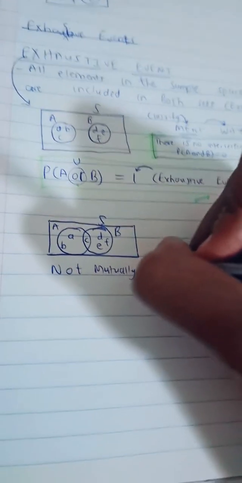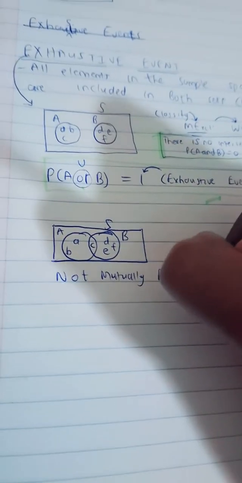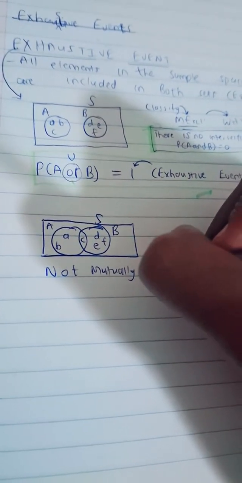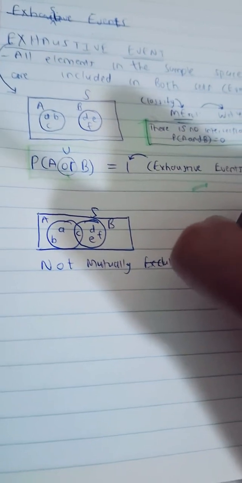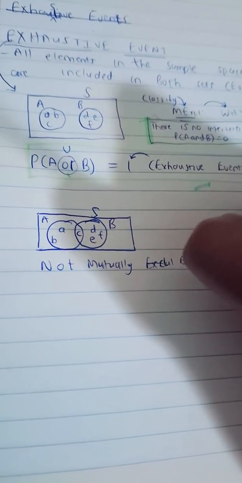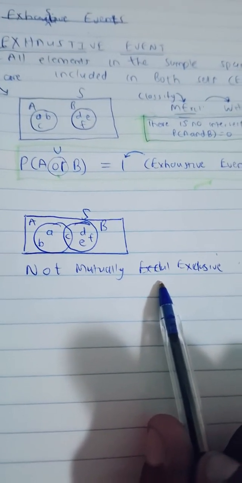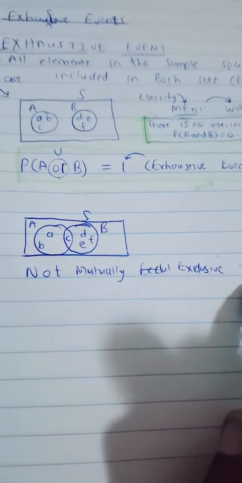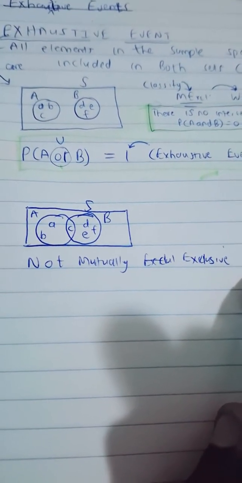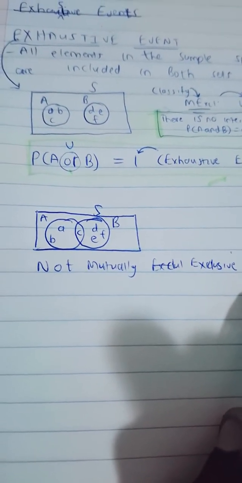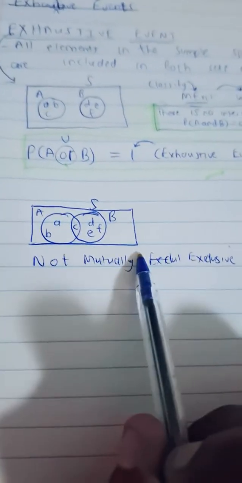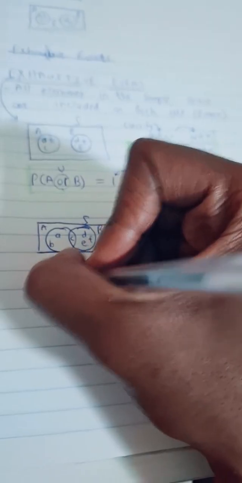What would you say is the answer if you were to answer me? Not mutually exclusive. Why is it not mutually exclusive? The reason is there is an intersection.